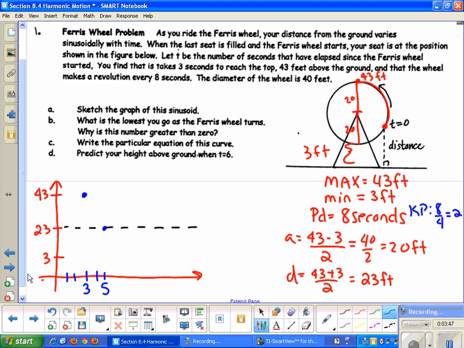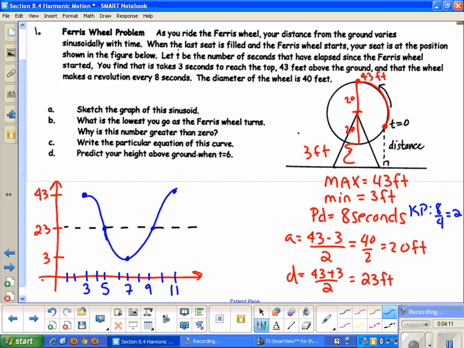If that's our maximum, we come down to our vertical shift. At 7, we're going to be here at 3. At 9, we would be back at our vertical shift. And at 11, we would be at the highest point on our graph here.